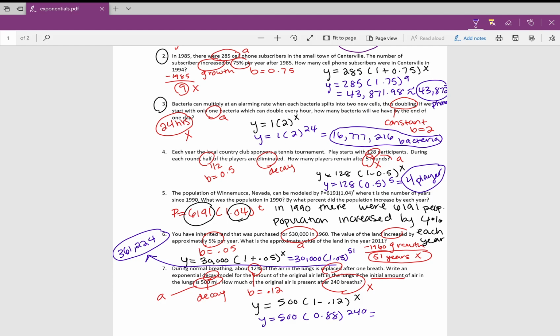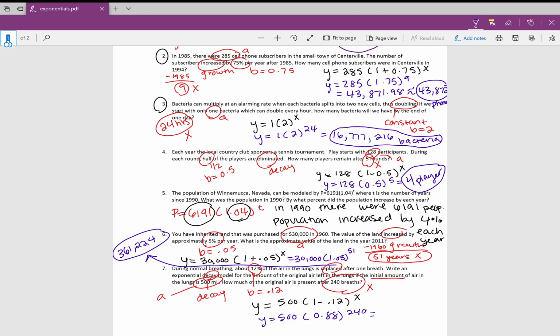Keeps messing up my calculator. 0.88 to the power of 240 times 500. Okay.